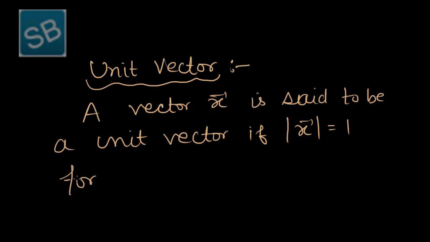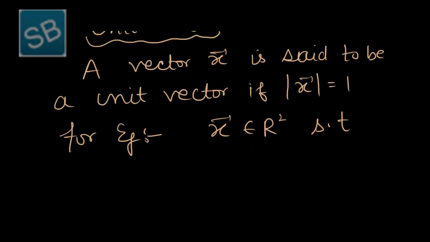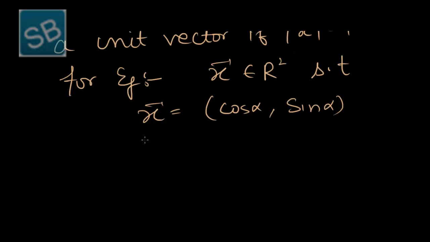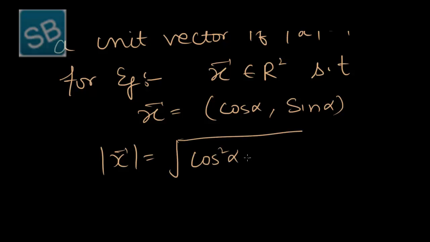For example, if we have a vector x belonging to R square such that the components of vector x are cos alpha, sin alpha, then its magnitude will be the square root of cos square alpha plus sin square alpha, that is the square root of 1.